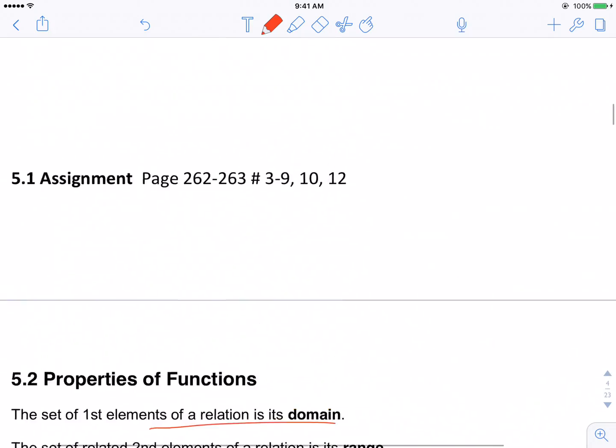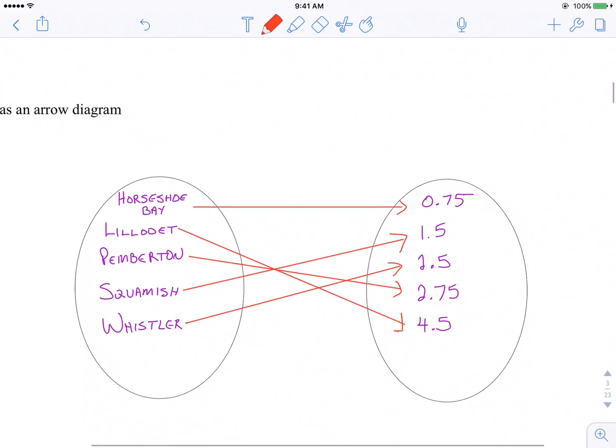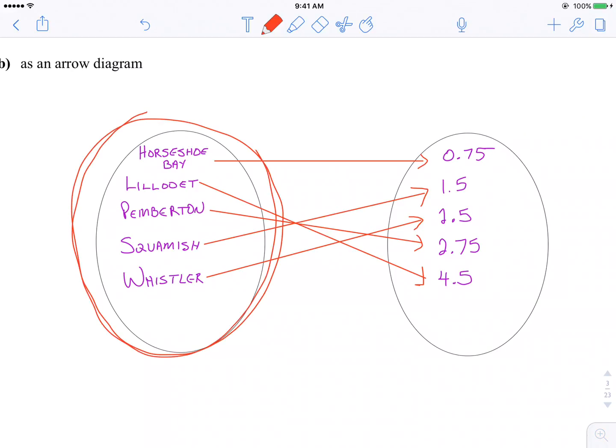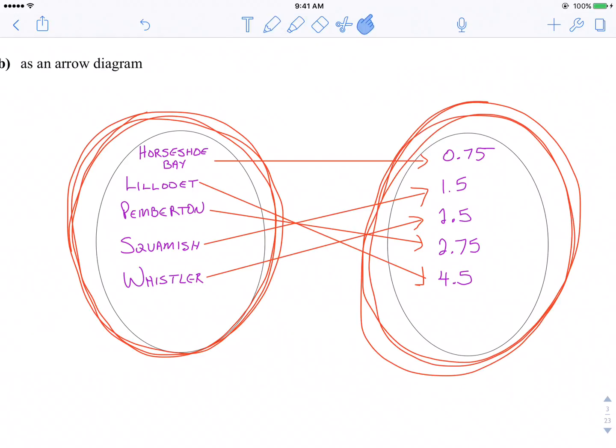So if we look back one step, we're looking at the driving time from Horseshoe Bay, or Vancouver, to a number of different locations. These values on the left hand side we would consider our domain values, because they're the first set of information. And the ones on the right hand side we consider to be our range values, because they are the second set of information.